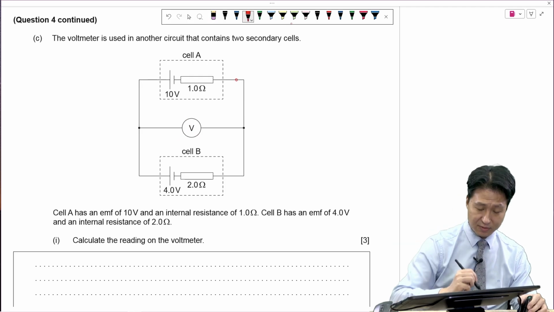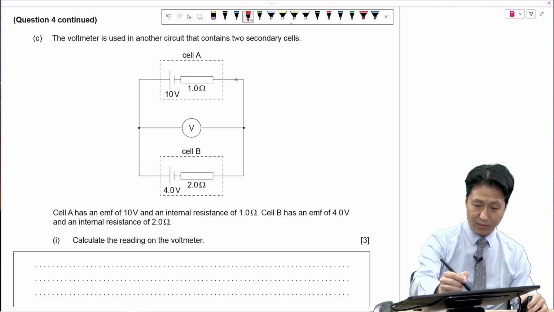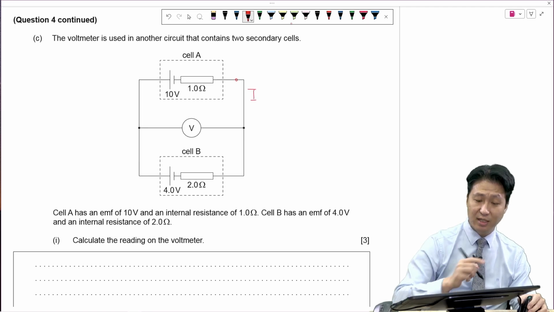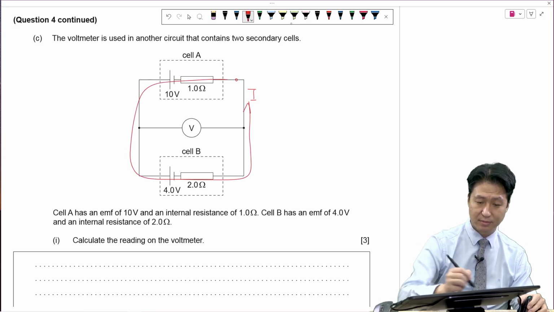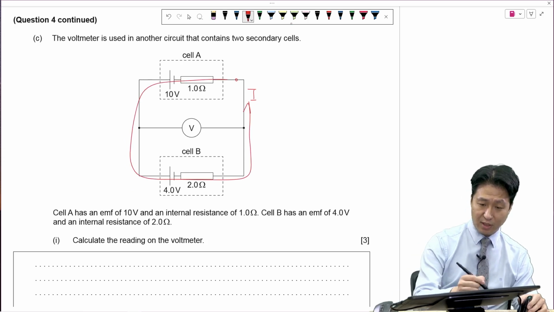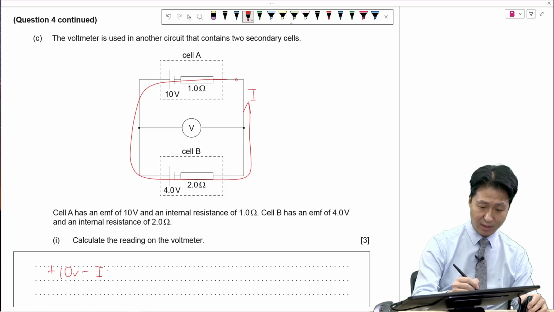So we have current I. The whole circuit has the same current, so we're just going to use one of the I's. And we can use this path. So, according to this path, we have plus 10 volts minus the current times 1 ohm.